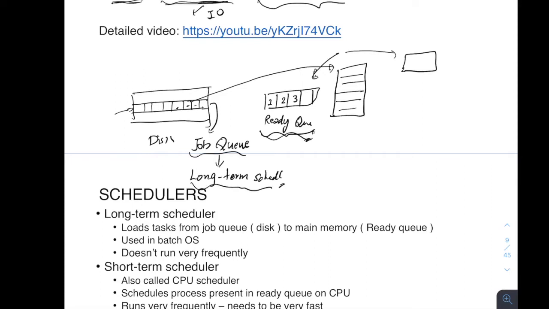Then you have a ready queue. This is the main memory, and here you have the processes which are waiting for the CPU, and this scheduling is done by the short-term scheduler. I forgot this, this is also called CPU scheduler. So this actually does this task of picking the task from ready queue and scheduling it on the CPU. So now you understood what is short-term and long-term scheduler, right?